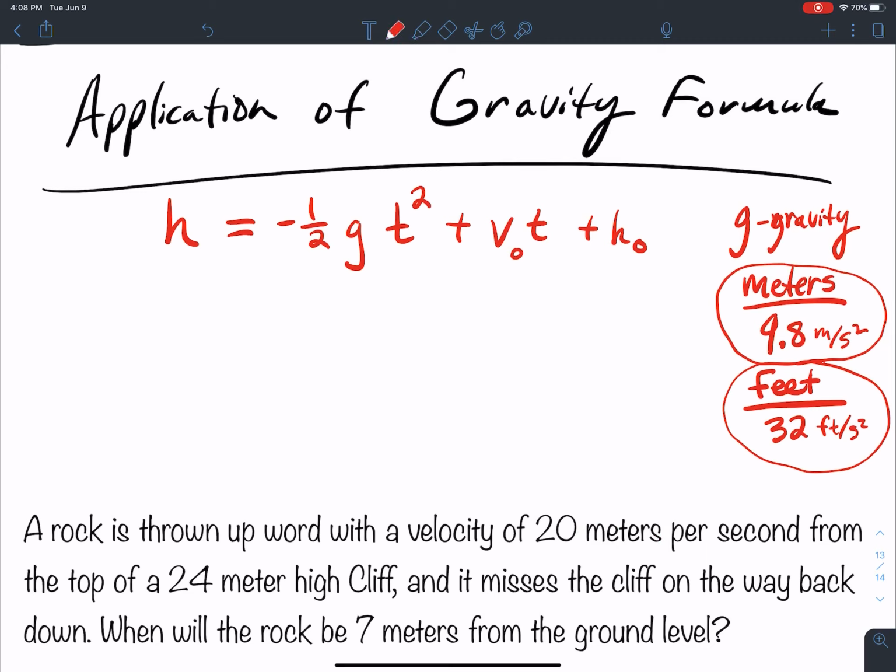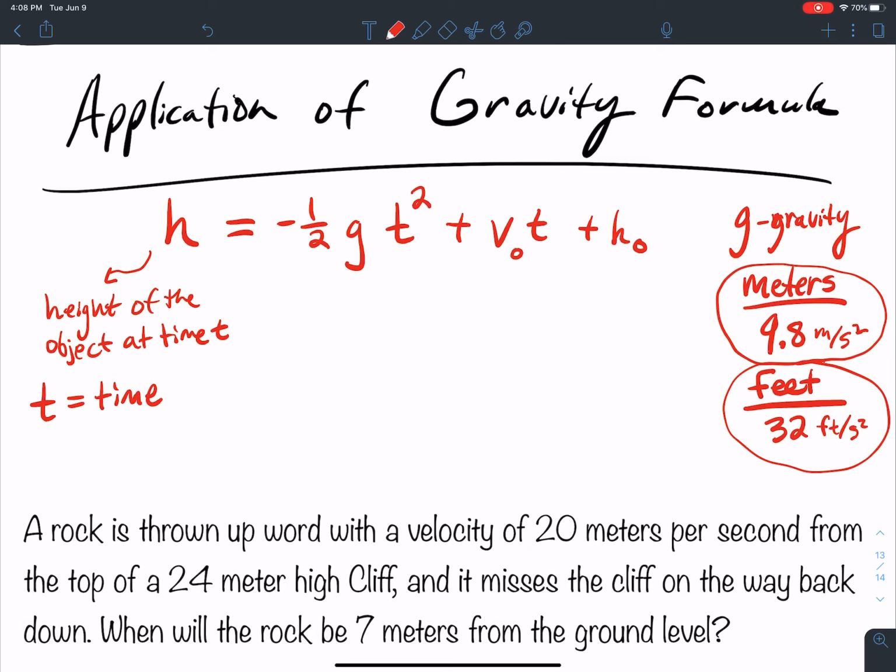Now H, what is H? What does that represent? H represents the height of the object at time t. Okay, the height of the object at time t. So t is represented as time.